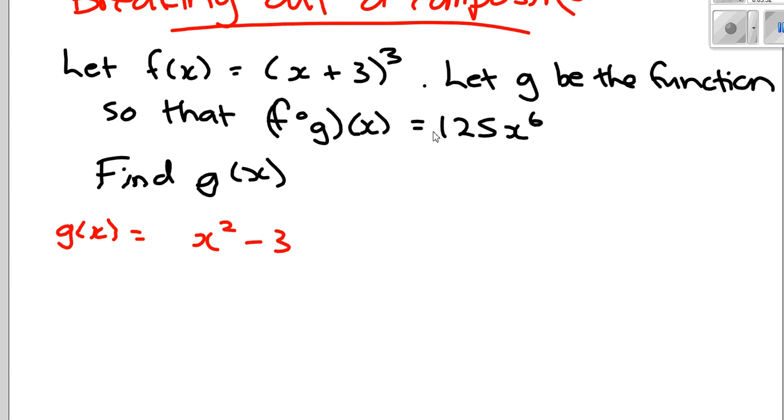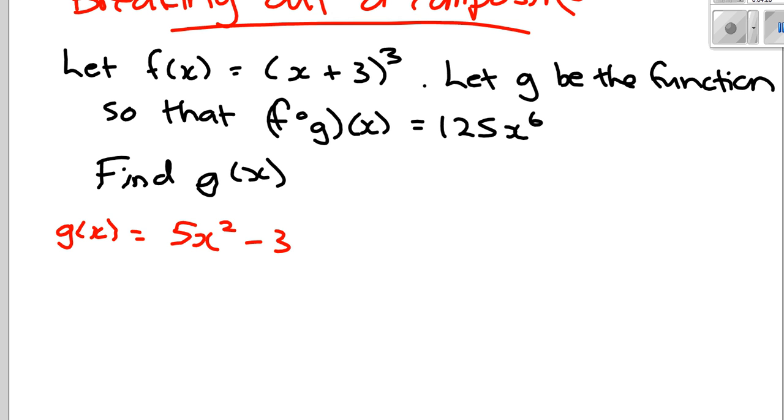Just thinking, where would the 5 go to generate the 125x? In front of the x? Why in front of the x? Why are we using 5? Because then it'll be 5 cubed times x squared, bracket cubed.